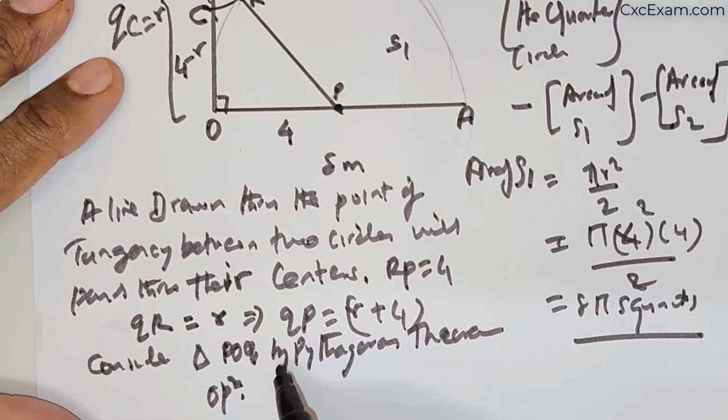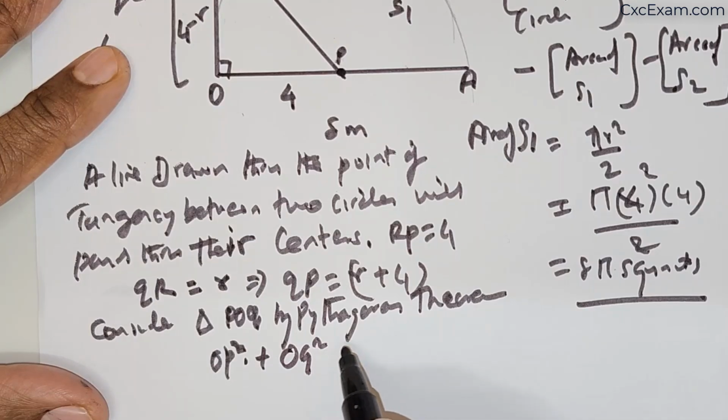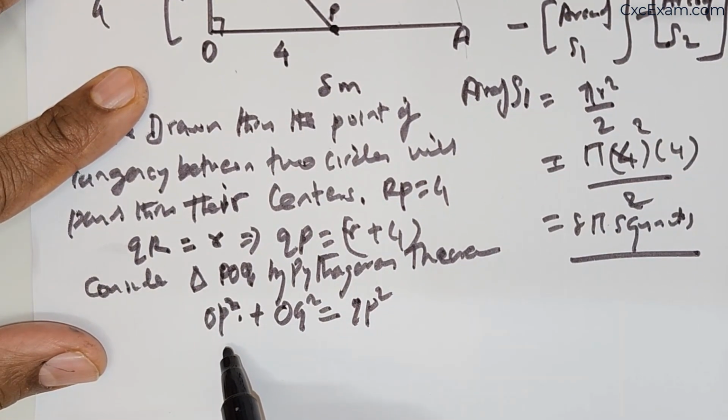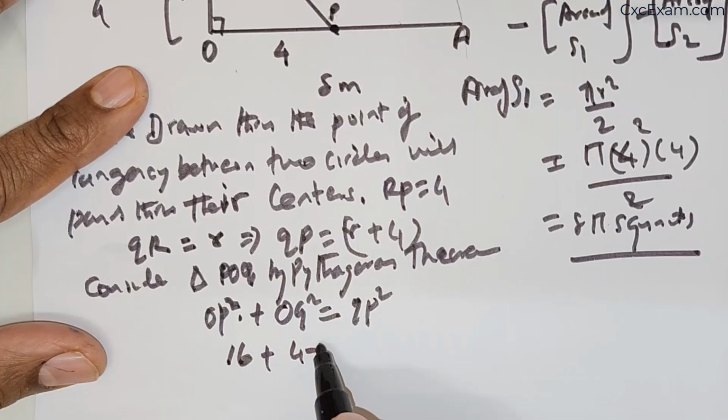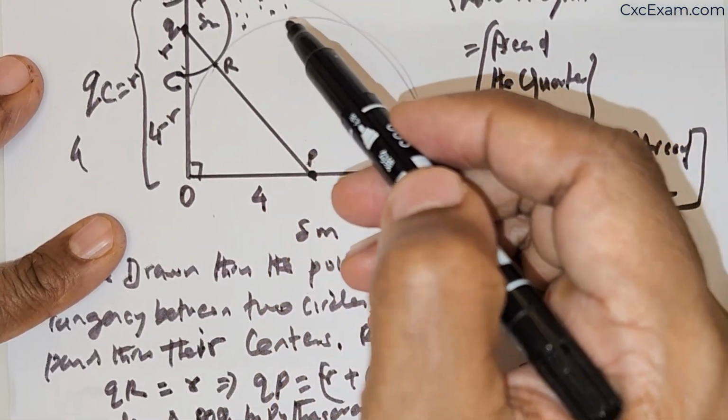So OP squared plus OQ squared is equal to QP squared. OP squared is going to be 4 squared, that's 16. Plus 4 minus r squared is equal to this length.